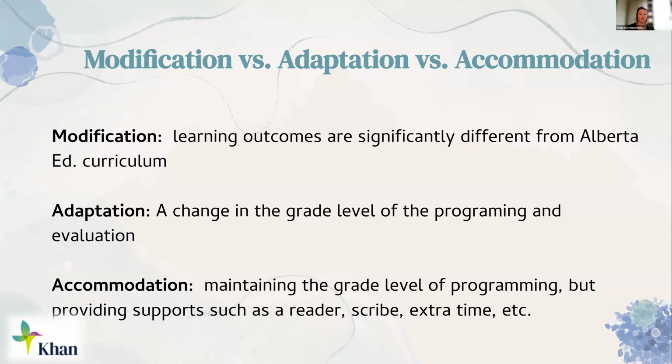You're taking the grade 2 curriculum and applying it to the grade 4 student, and you're evaluating them according to what the outcomes for grade 2 would be. And there we would, on a report card, just state the grade level of programming, and the child would receive a grade for that curriculum.